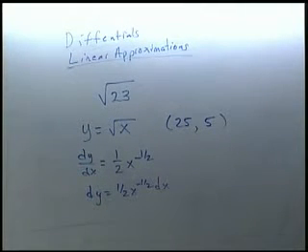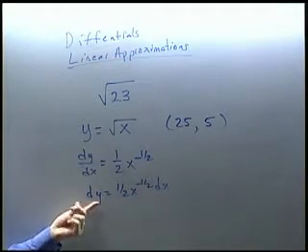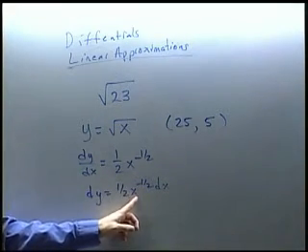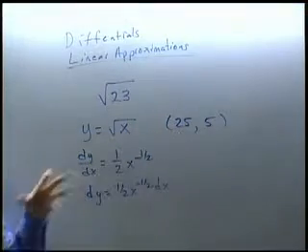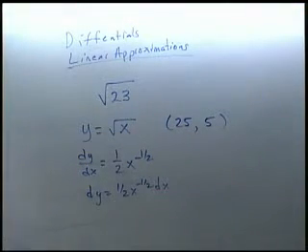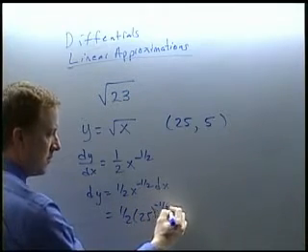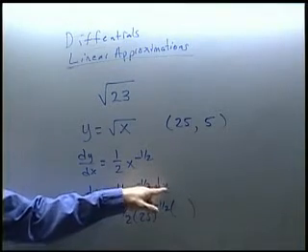Okay? All right, now what are the values that I want to sub into this equation to figure out what dy is? Well, what's the x coordinate that I care about? I care about x equals 25, because that's the nice point that I started from. So I sub in 25 here. The other thing I need to sub in is a dx.